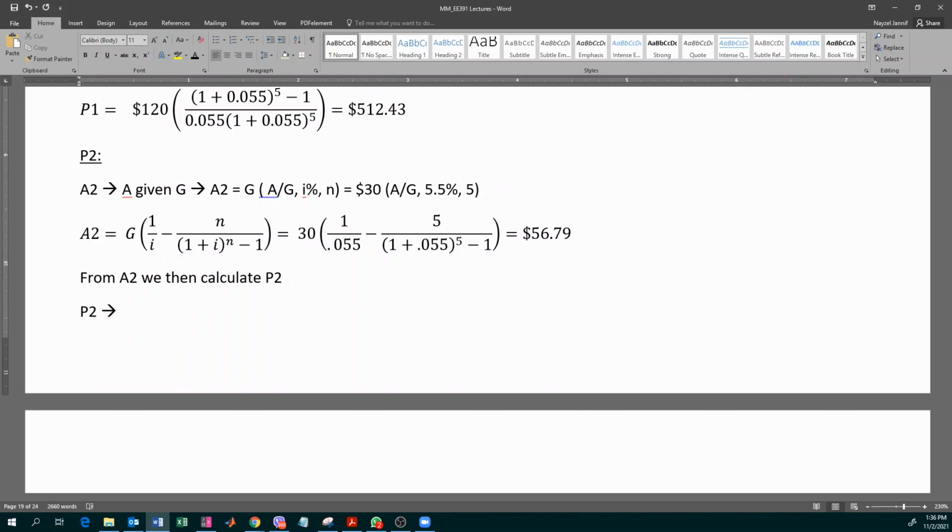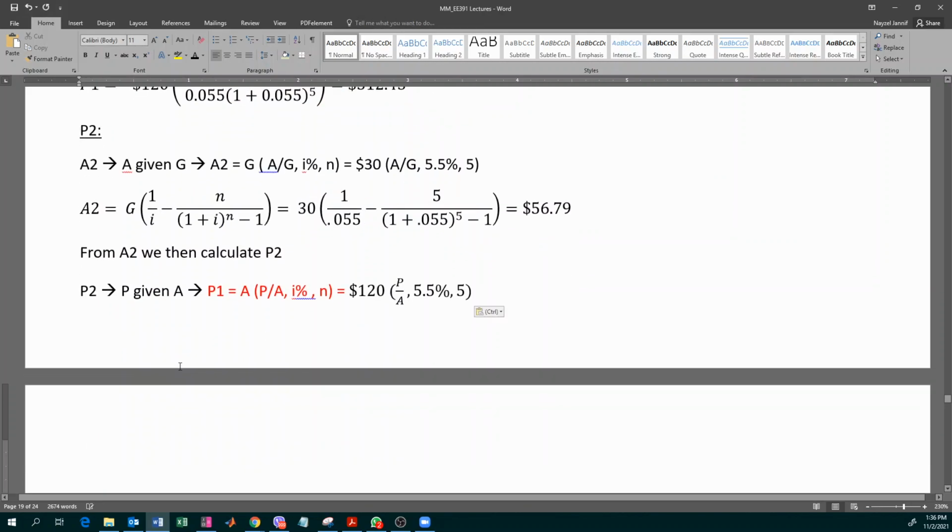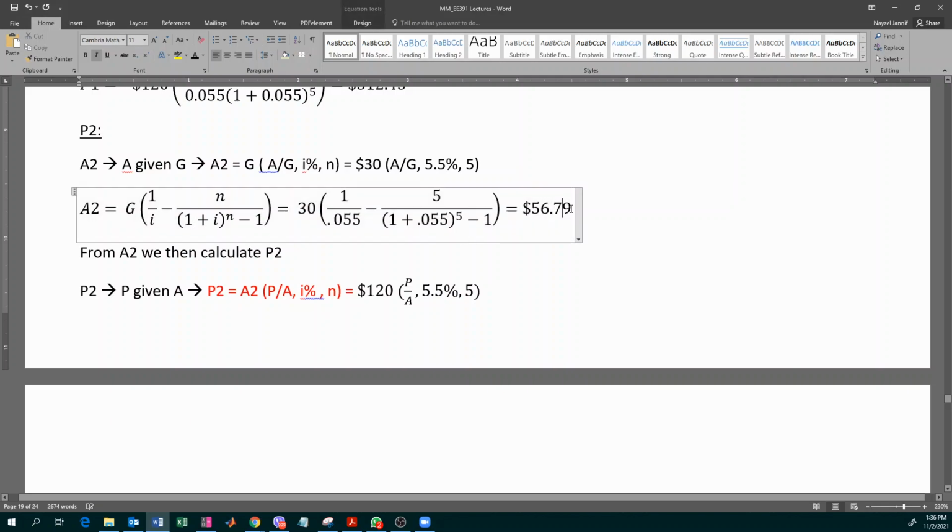We use P given A. Yes, John got it right. So that's P2. We have to plug in our A2 over here, and our A2 we calculated just 2 minutes ago, which is $56.79.